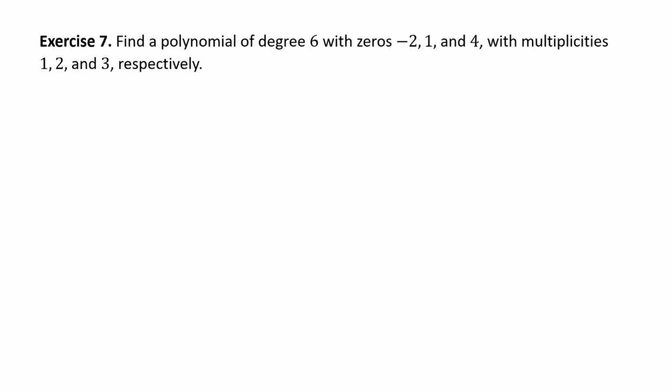Exercise. Find a polynomial of degree 6 with zeros -2, 1, and 4, with multiplicities of 1, 2, and 3, respectively. Let's set up our shell. P of x has 3 distinct zeros. So we'll do an open parentheses x minus, close that parentheses, another one, and one more, x minus.